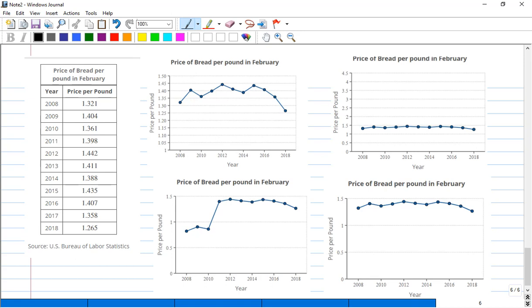All of them probably represent it pretty well, but which one does it the best? So which one? A? You think A?